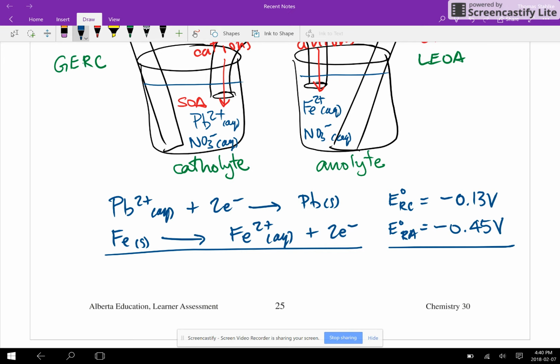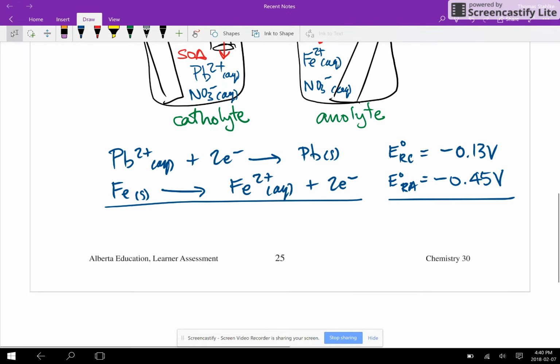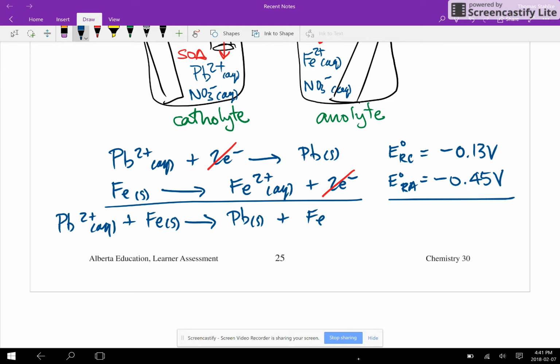So here I can write down my net reaction. We can see that 2 electrons are gained, 2 electrons are lost. So the end result is the lead ions plus the iron solid, that's what's actually reacting, is producing the lead solid and the iron 2 plus ions.